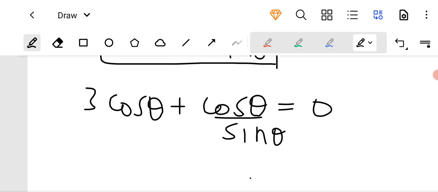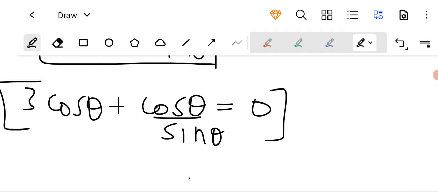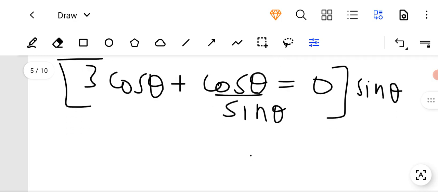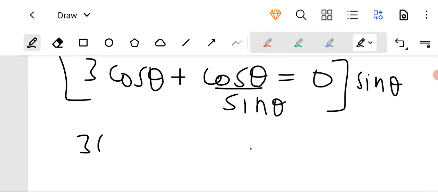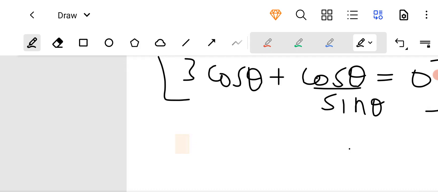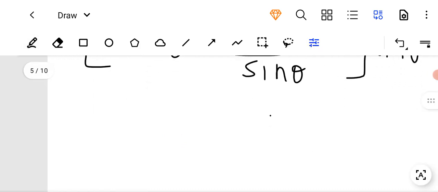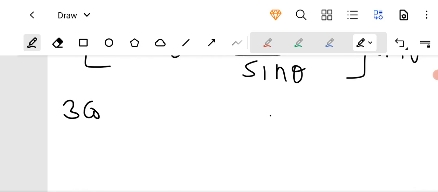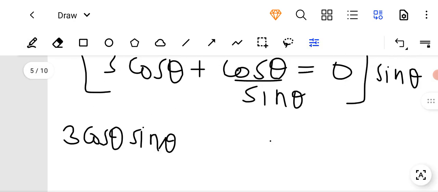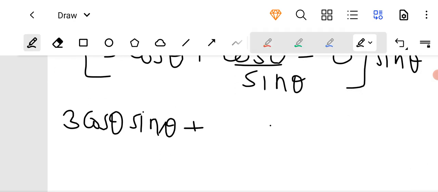Then we can multiply throughout by sin theta. So 3 cos theta sin theta plus cos theta is equal to 0.